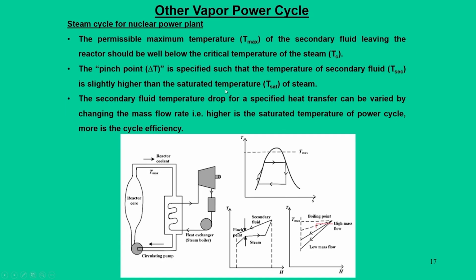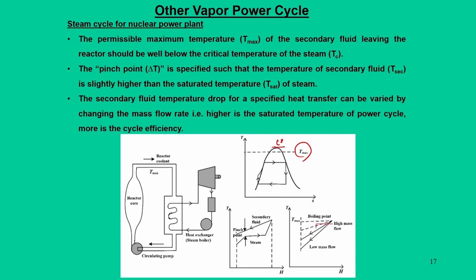This is one aspect. The other aspect is the permissible maximum temperature, which is restricted by the secondary fluid leaving temperature, and which is below the critical temperature of the steam. If the critical point of water is here, the maximum operable steam temperature would be somewhere below this.